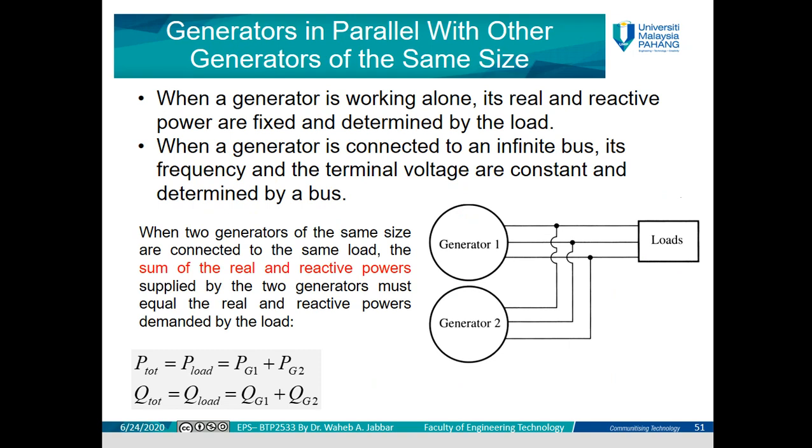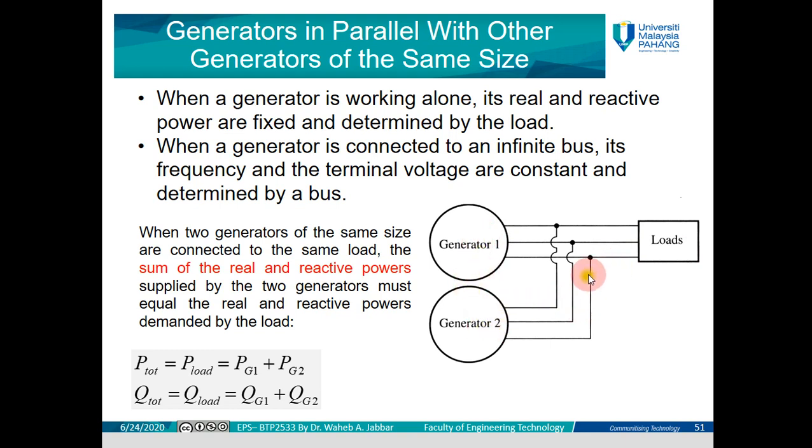For example, if we have two generators connected in parallel to feed the load, these two generators should distribute the load. If the two generators are equal, this one is 5 megawatts, this one is 5 megawatts, and my load is 8 megawatts, each generator should take 4.